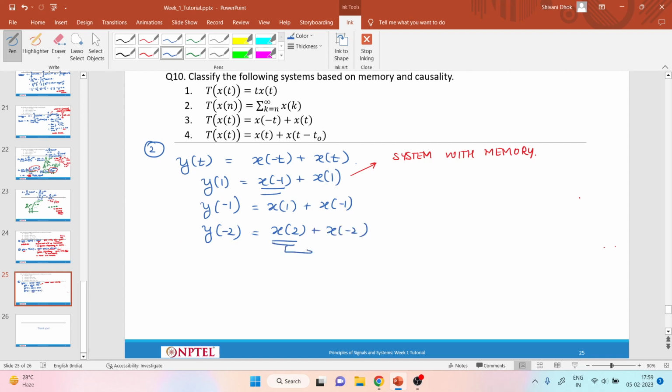This is a future value. And you have to look for all the possible values of t and all the possible values of n. If the future dependency is not there for all possible values of n, then only we can say that it is a causal system. But for negative values of t, we are getting future dependency, and therefore this is a non-causal system.